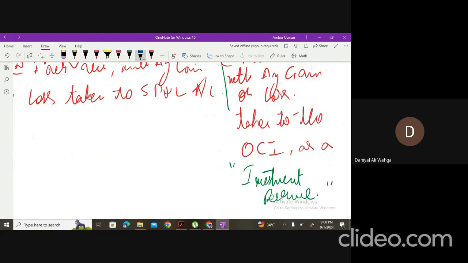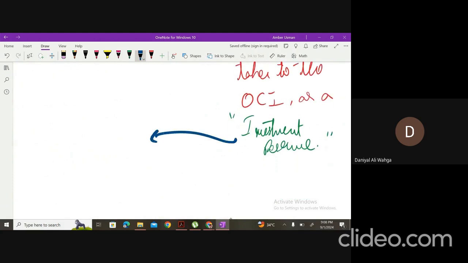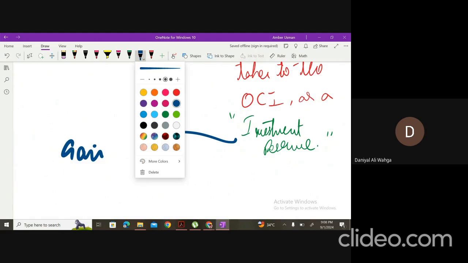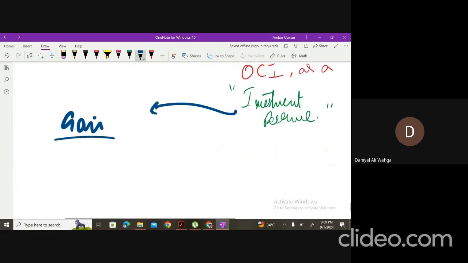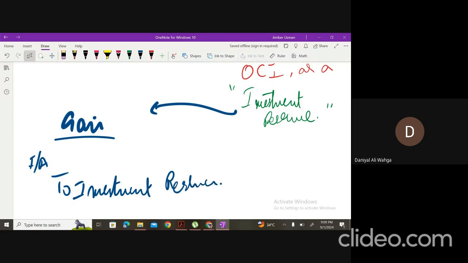So, if there is a gain, financial assets will be debited and investment reserve will be credited.